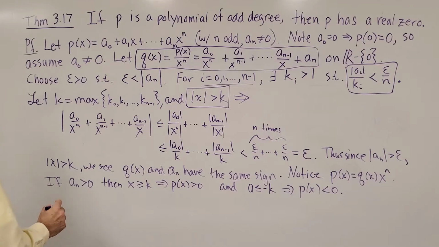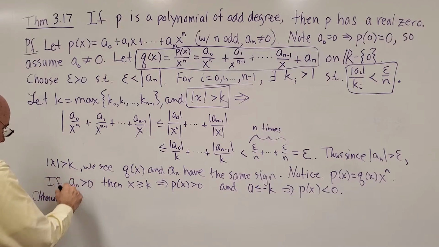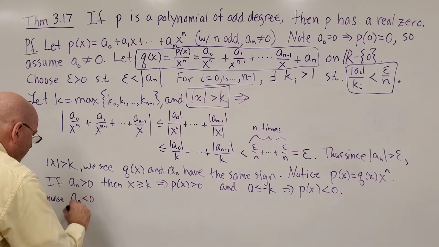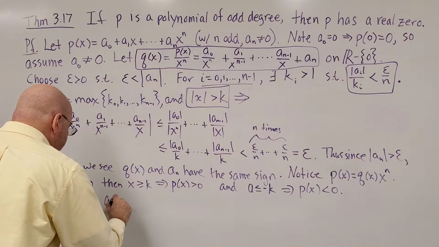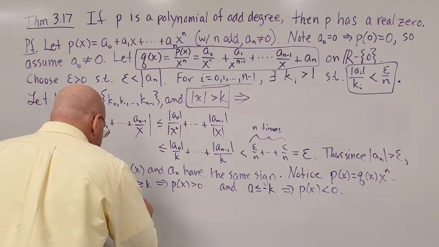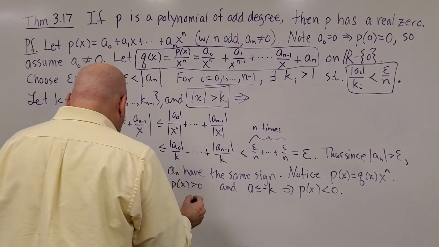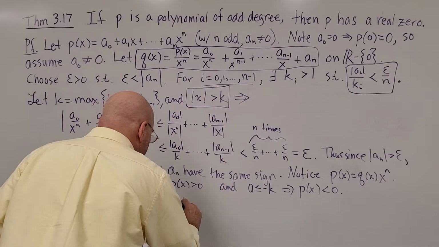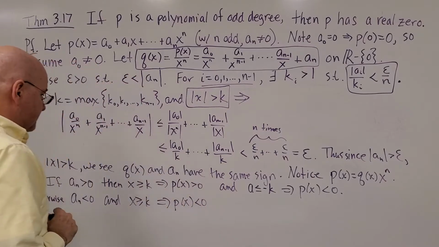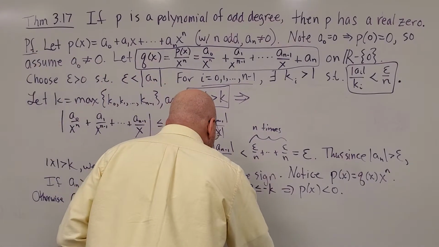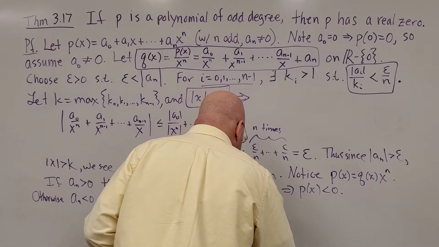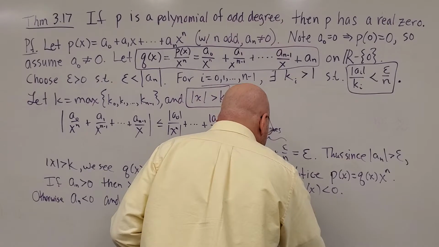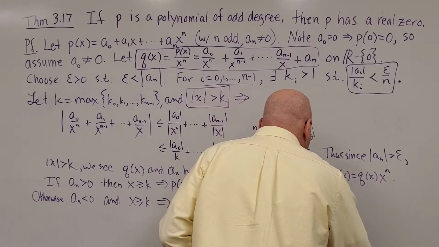Otherwise, sorry, I'm writing that small. I want to line it up here. Otherwise, a_n is less than 0. And that gives us that x greater than or equal to k implies the opposite, P of x less than 0, and x being less than or equal to negative k implies P of x is greater than 0.